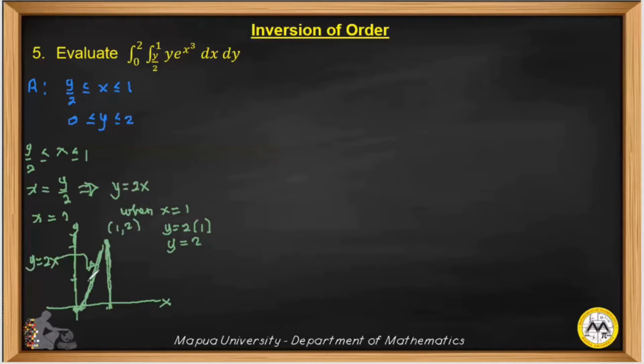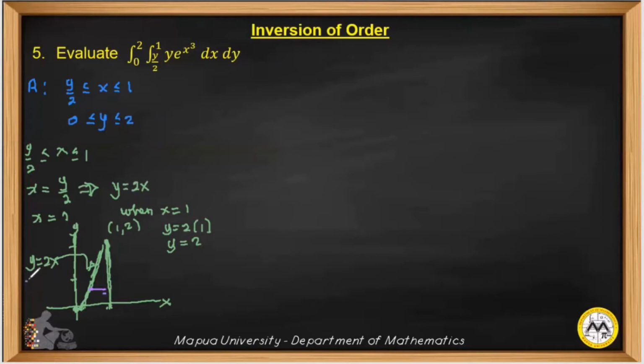Now please take note that if we consider any horizontal line drawn here, x will go from the left, which is y is equal to 2x, or x is equal to y over 2, to the line x is equal to 1.